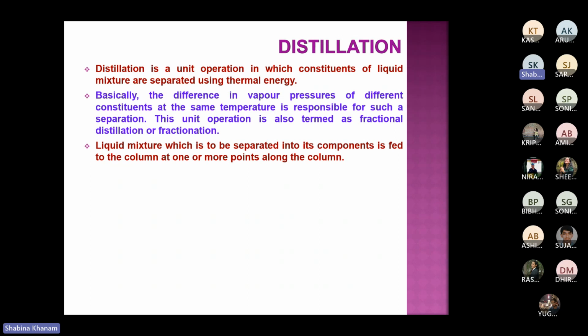So you can consider feed as multiple feed inputs in the distillation column, and in this way you get the inlet streams. Okay, as we can consider multiple feed points.